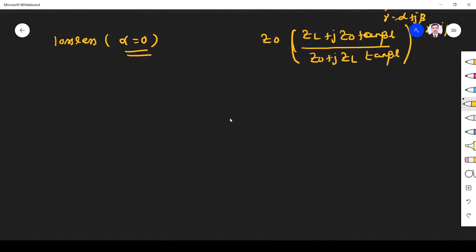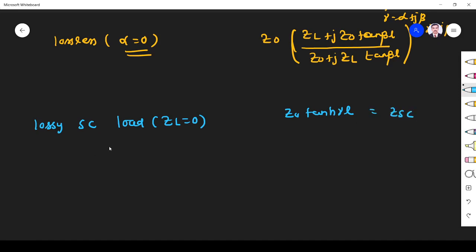Okay, next. Input impedance of lossy short circuit load. That is, load is short. So load impedance is 0. At that time, input impedance is Z0 tanh gamma L. So the impedance is known as short circuit impedance because load is short.